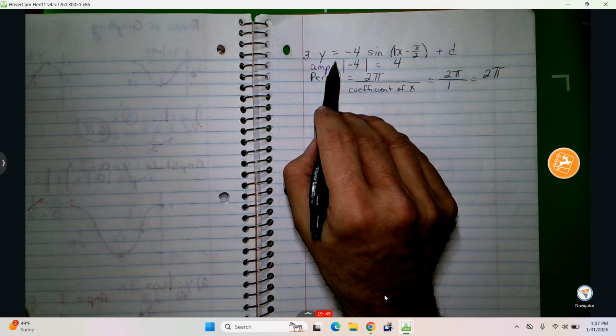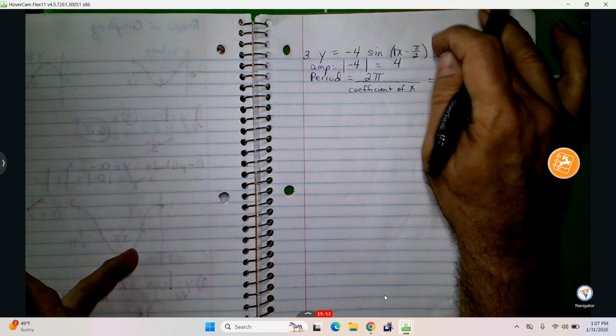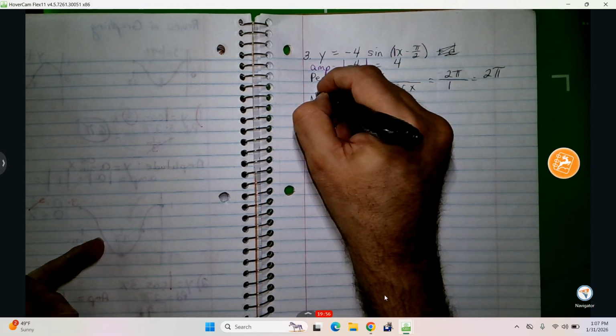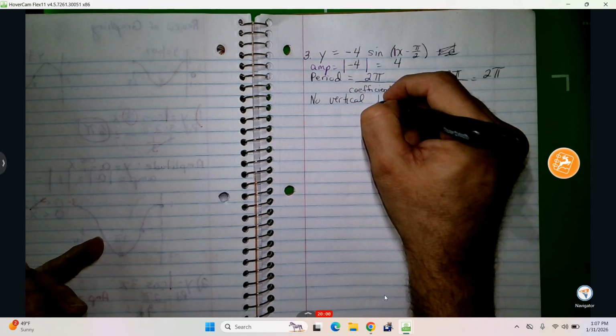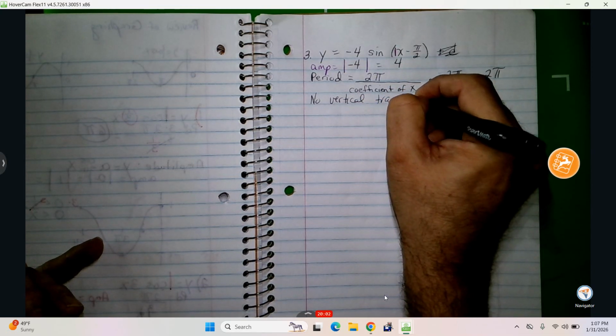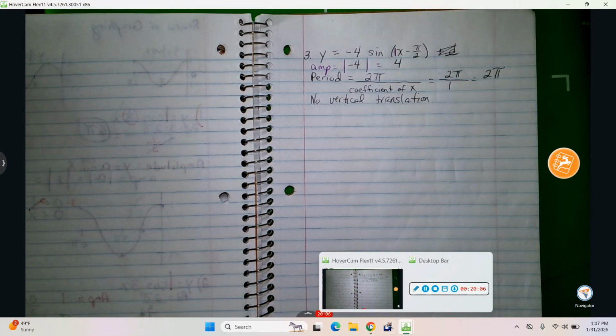Up or down is what's added. There's no vertical translation here.